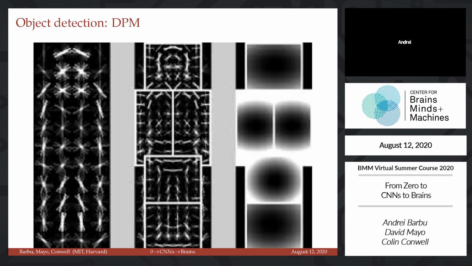But it turns out that this is already a kind of deep network. We have multiple sets of filters we're applying. We convolve an image with some filters. And we're doing essentially a max pooling, where we're asking where the arms fit best on an image.